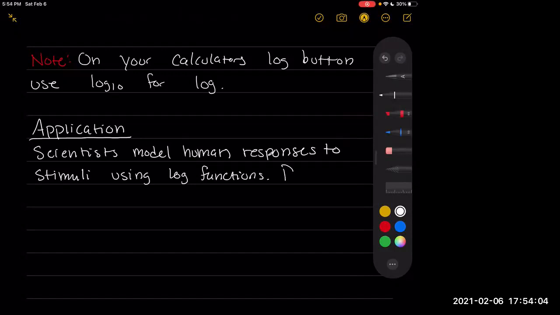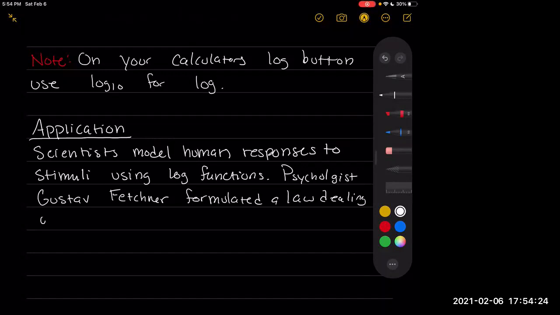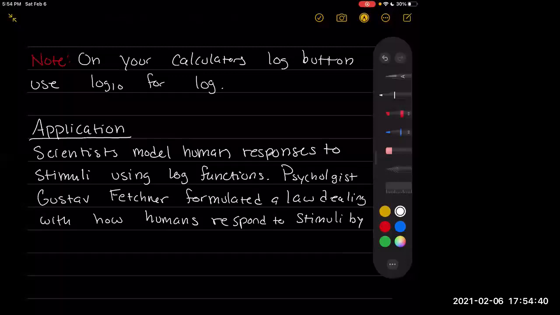And specifically, psychologist Gustav Fechner formulated a law dealing with how humans respond to stimuli. And this is the formula here.